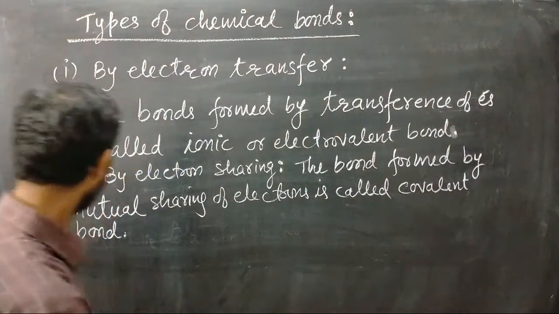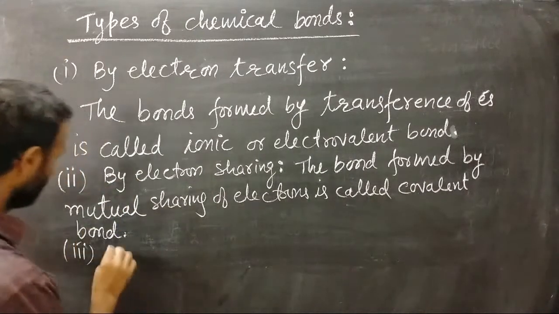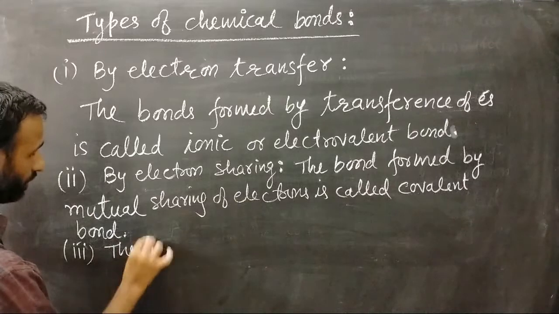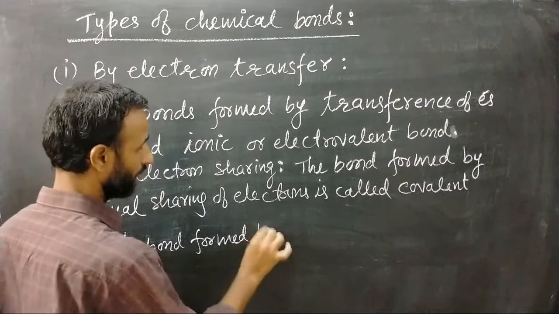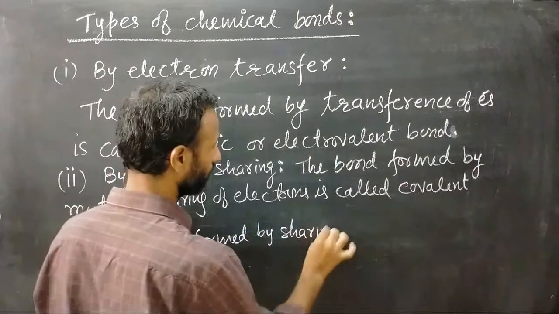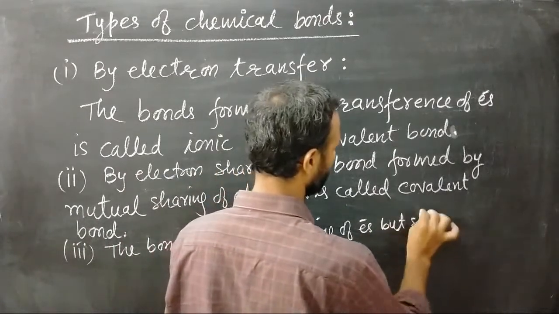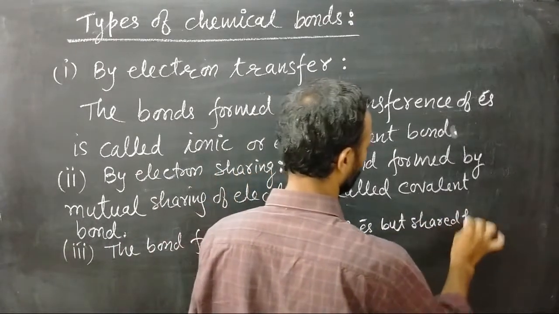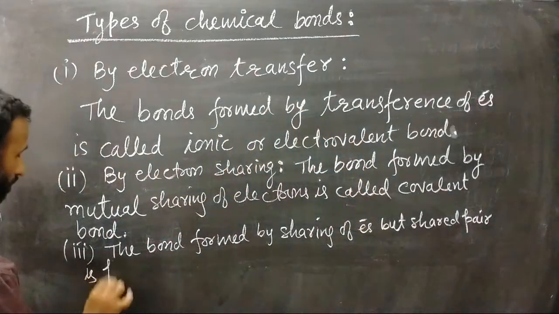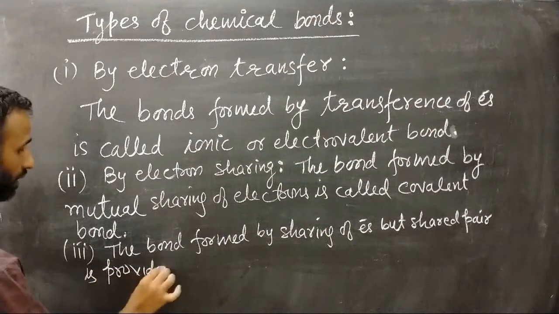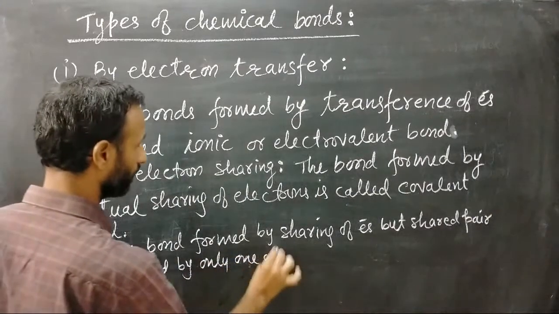Okay, and the third type is again sharing of electrons. The bond formed by sharing of electrons, but the shared pair is provided by only one atom.